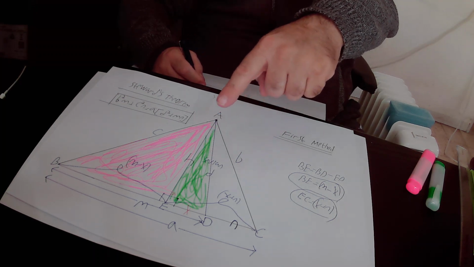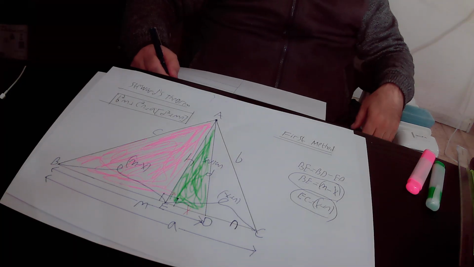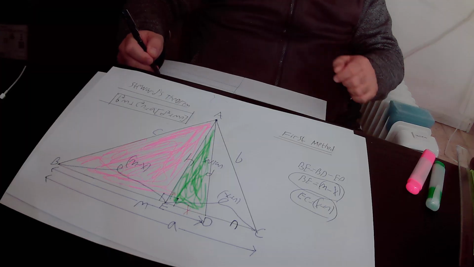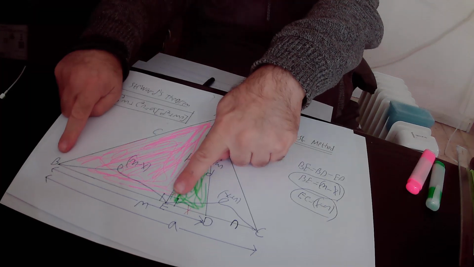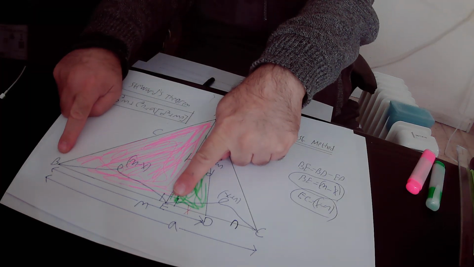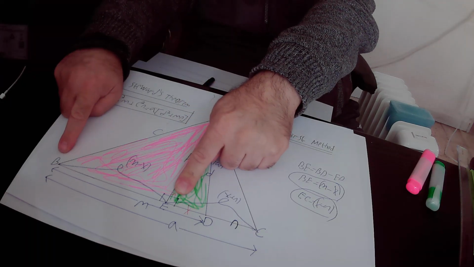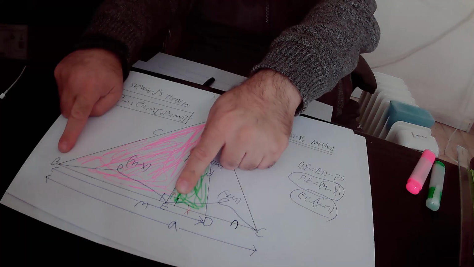AE is h, therefore AE squared is h squared, plus BE squared. BE equals n minus x, according to what we already found out, therefore BE squared equals n minus x squared.